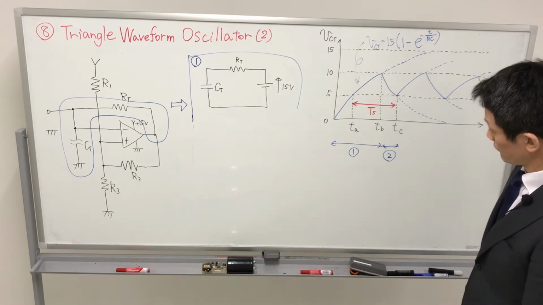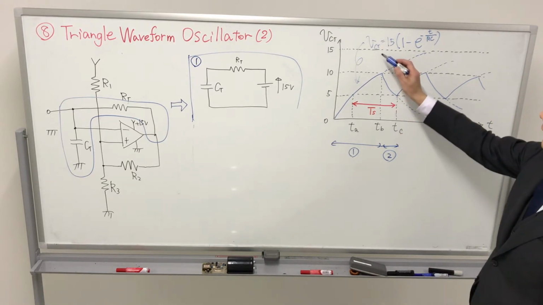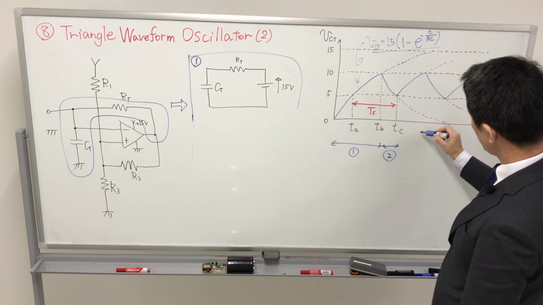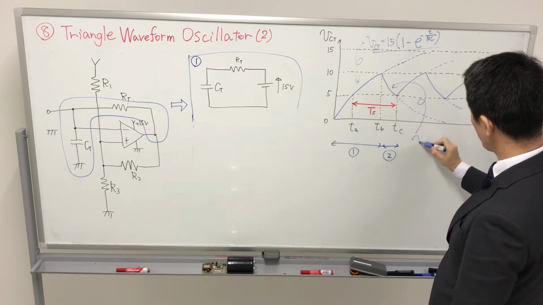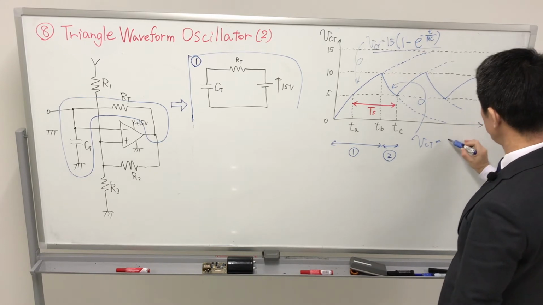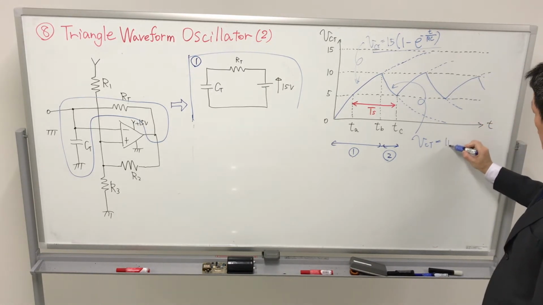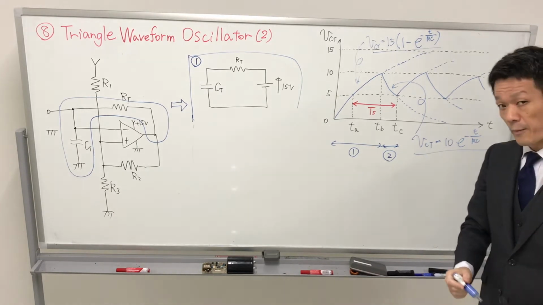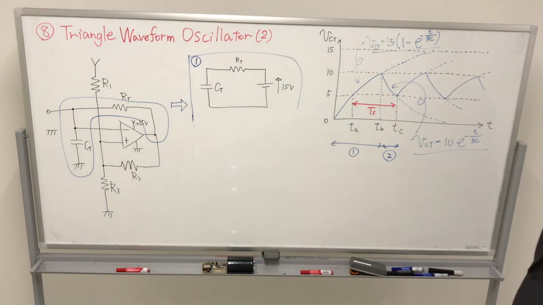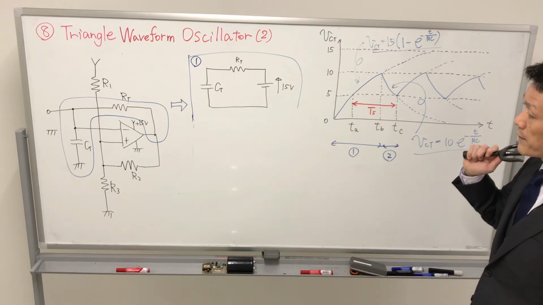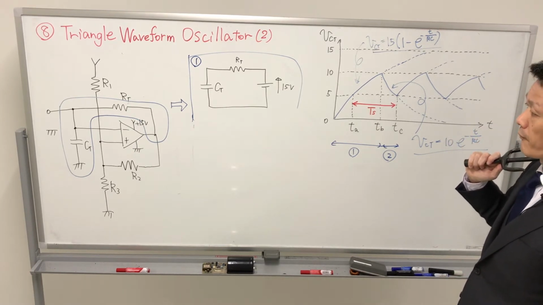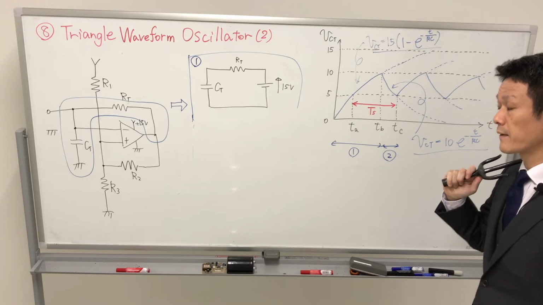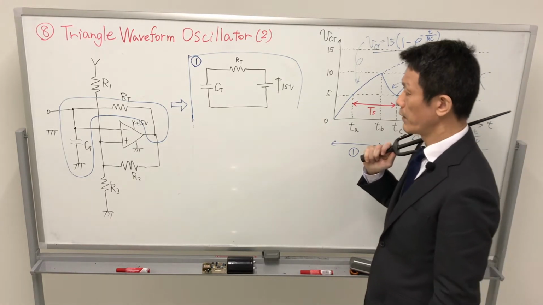You can already write it easily and obtain the formula. If you cannot obtain this formula, please check the movie of the fifth or sixth lecture of the transient phenomenon.